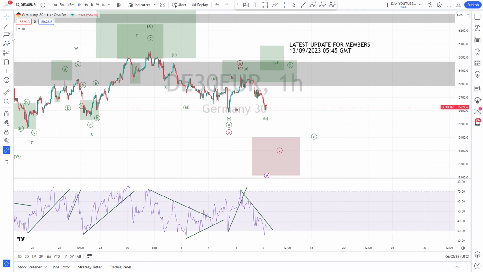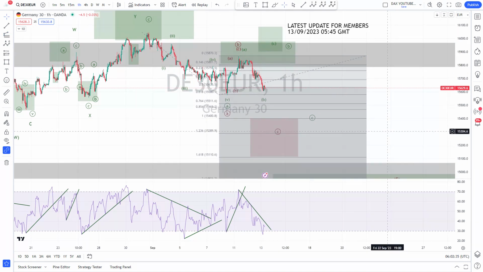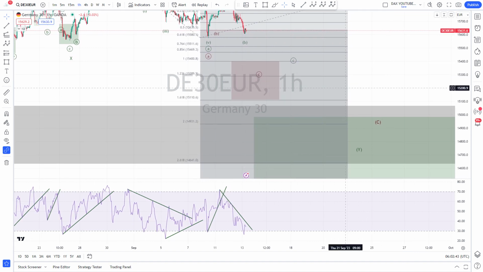Then we can take the length of our wave A and the length of our wave B, and the area between the 1 and the 1.618 FIB extension is the area where our wave C can go, and this is actually slightly above our wave Y area.